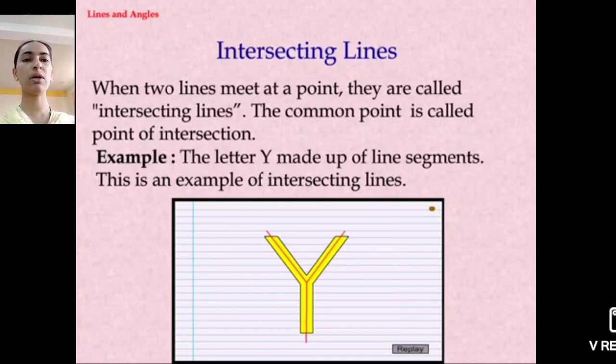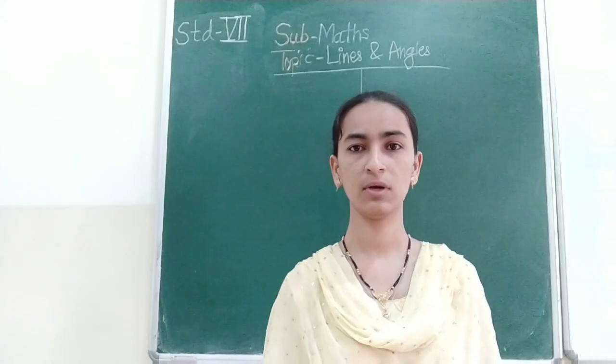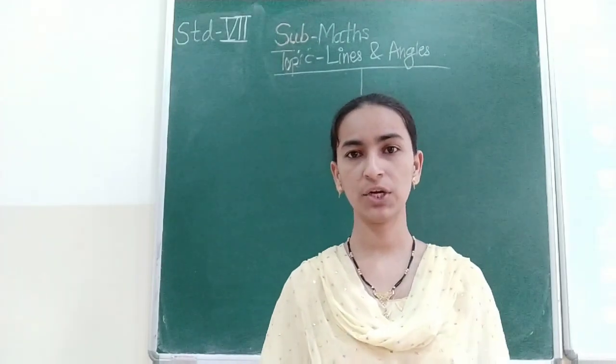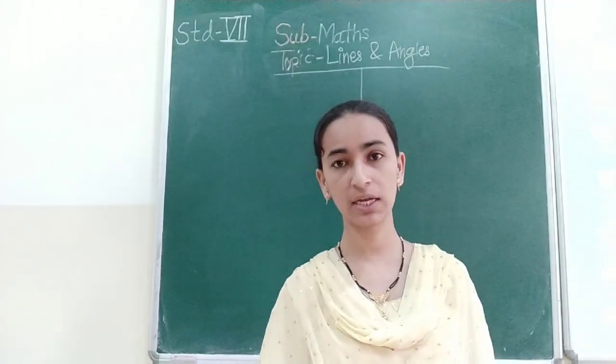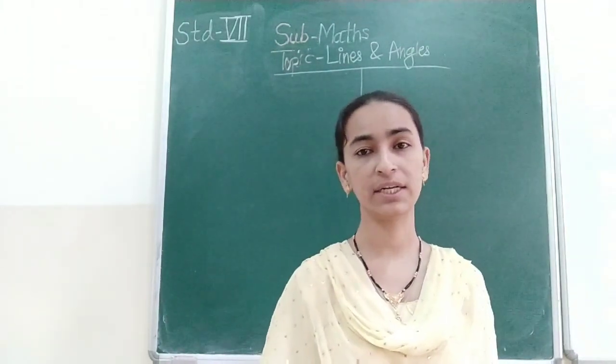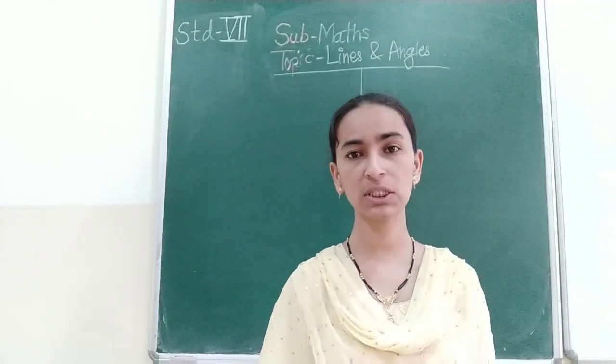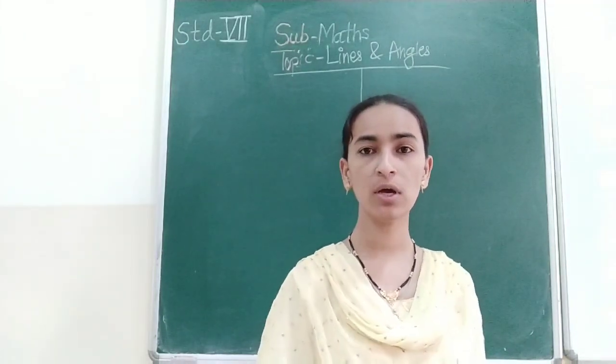You can see the figure, the letter Y is made up of line segments, and they intersect each other. Yes, students, this is called intersecting lines. Understand? Just now we have seen what is a line, what is a parallel line, intersecting lines, then angles, then types of angles. Yes, students, now I will show on the board.